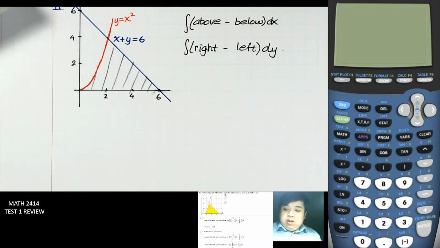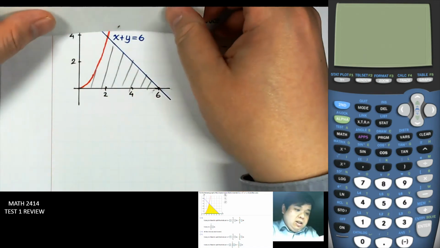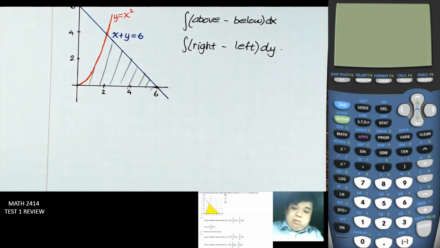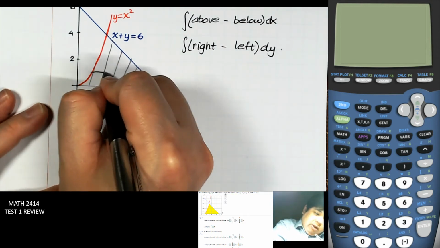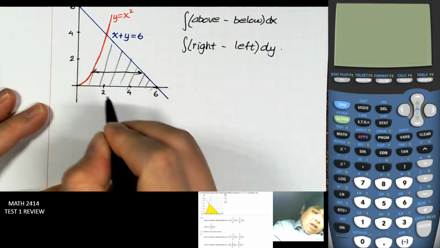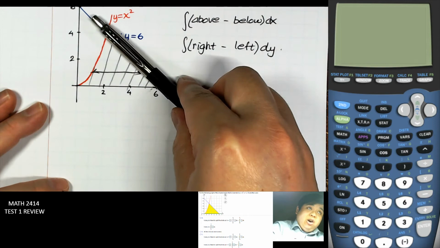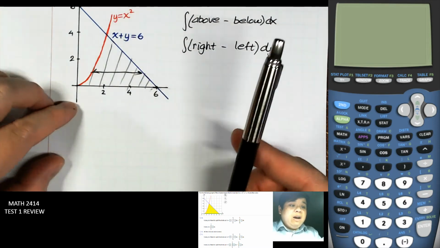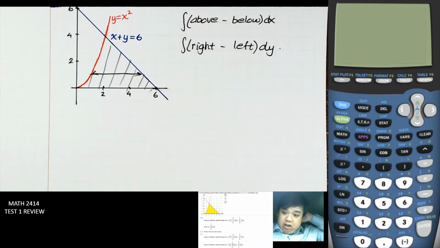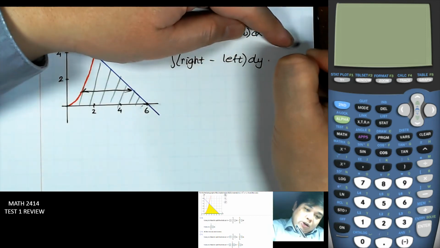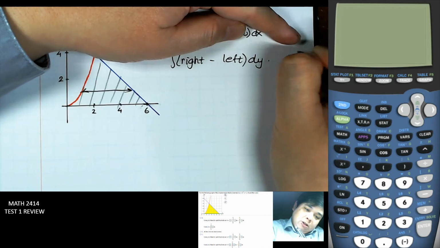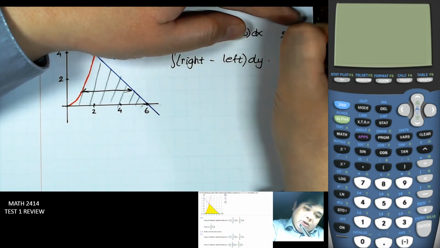If we look sideways, left and right, on the right it is bounded by the diagonal line, and on the left it is bounded by y equal to x squared. So we only need one integral here, and here we need two integrals.